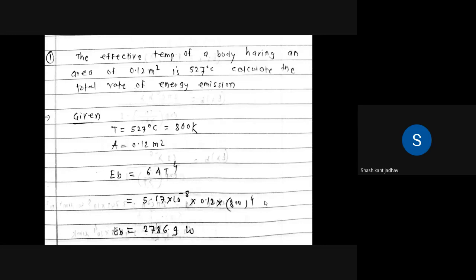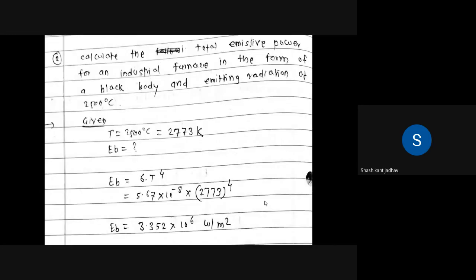Now write down the second problem. Calculate the total emissive power for an industrial furnace in the form of a black body, emitting radiation of 2500 degrees Celsius.